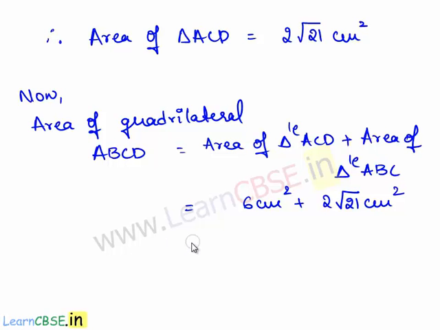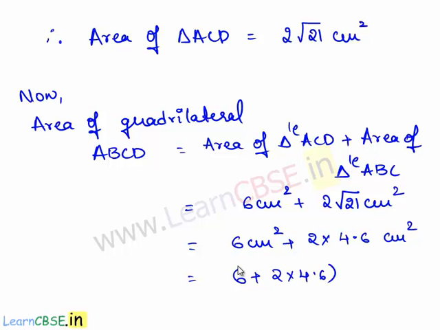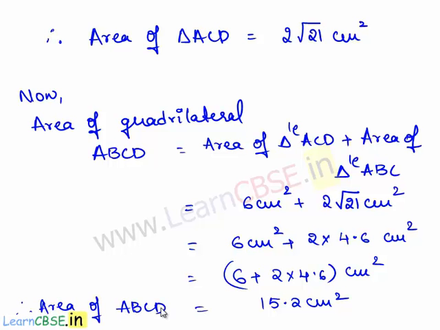So this is equal to 6 centimeter square plus 2 times square root of 21, which is 4.6, centimeter square. So we have 6 plus 2 times 4.6 centimeter square, which is equal to 15.2 centimeter square. Therefore, area of quadrilateral ABCD is equal to 15.2 centimeter square.